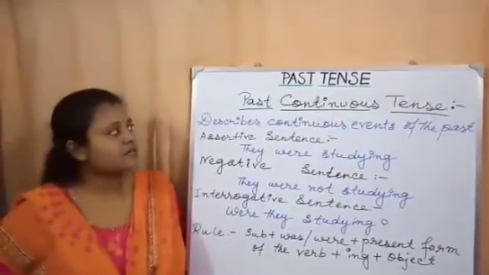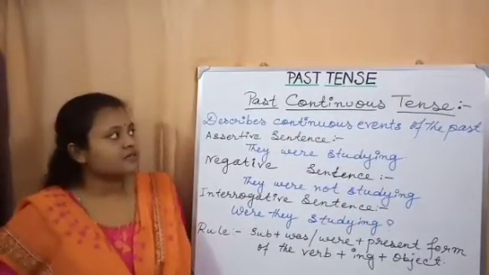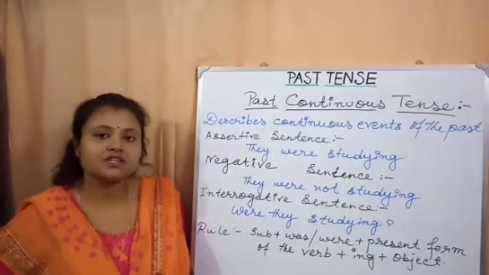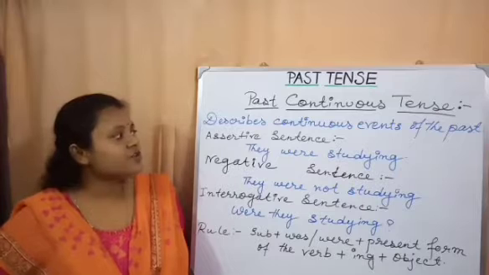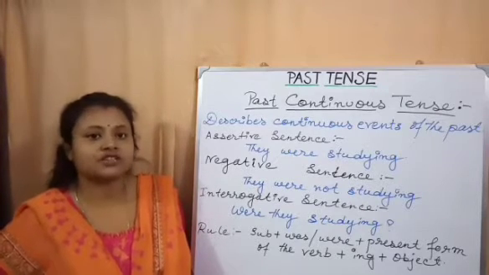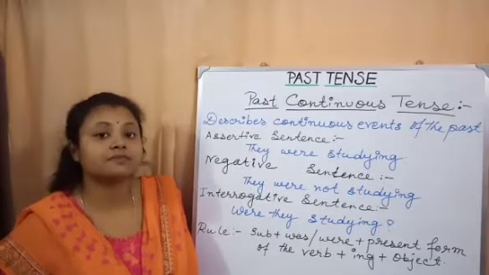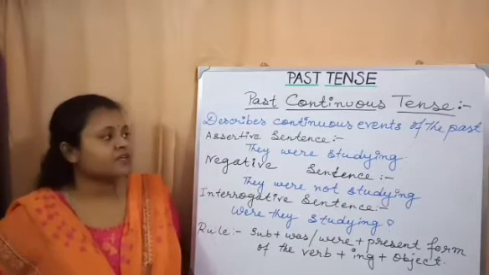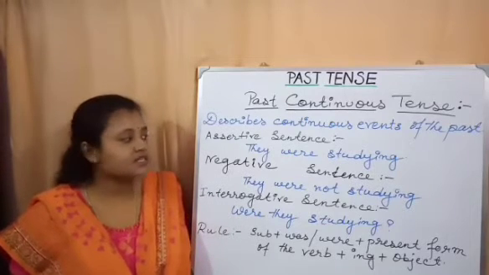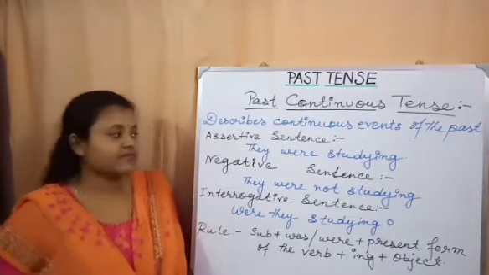Now let's come to the second type of tense, that is past continuous tense. What is past continuous tense? This tense refers to continuous action that was going on for some time in the past. In assertive sentence, how will you write this type of sentence? They were studying.